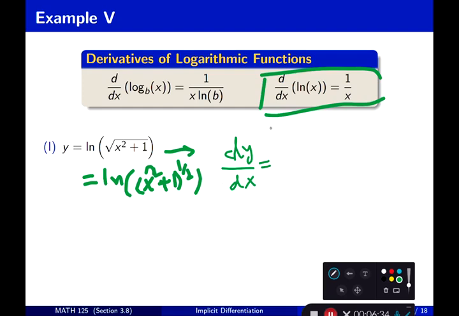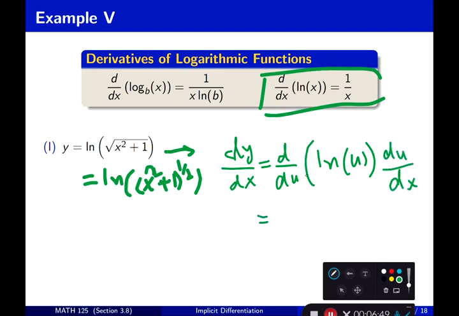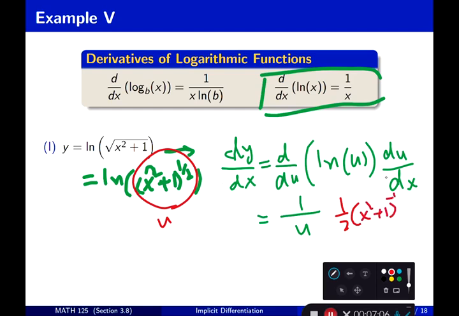Basically you write the derivative with respect to u of natural log of u, then you write du/dx. The derivative of ln u is 1 over u, and du/dx, where u is x squared plus 1 to the power 1/2, is 1/2 times (x squared plus 1) to the power negative 1/2 times the derivative of the inside, which is 2x.